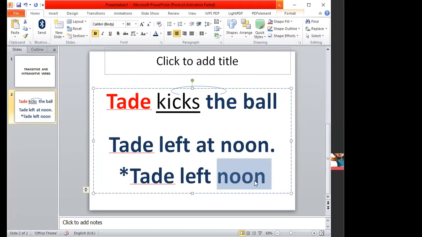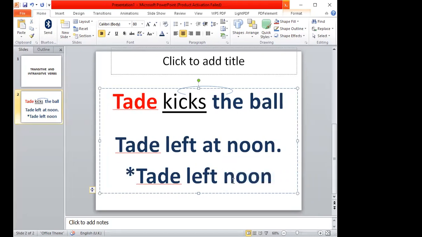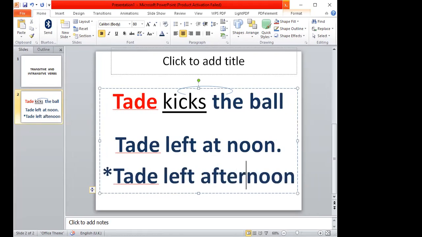But understanding the type of noon we are talking about here, this is afternoon. Let me put it that way: Tade left at noon, or Tade left in the afternoon.